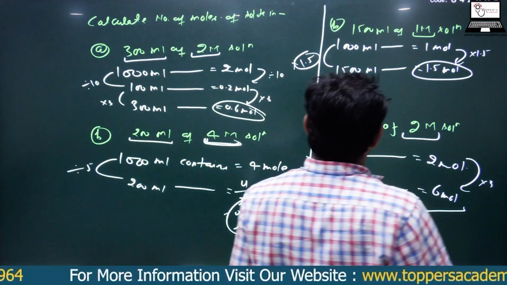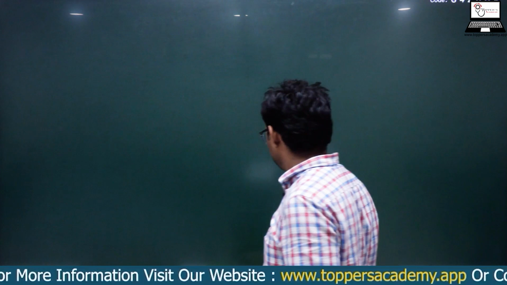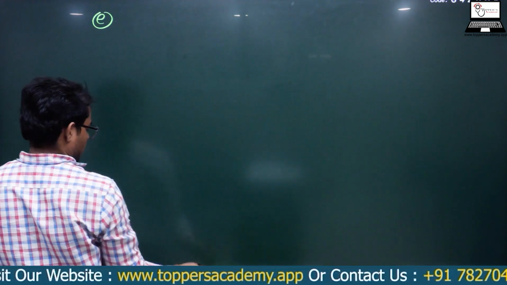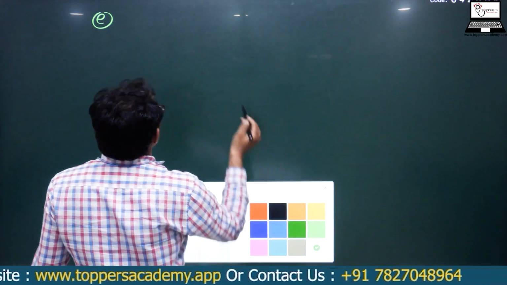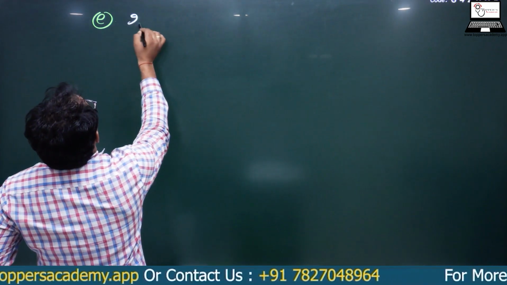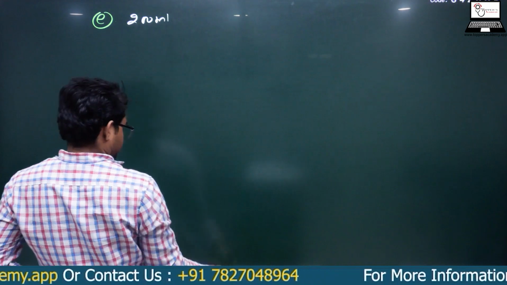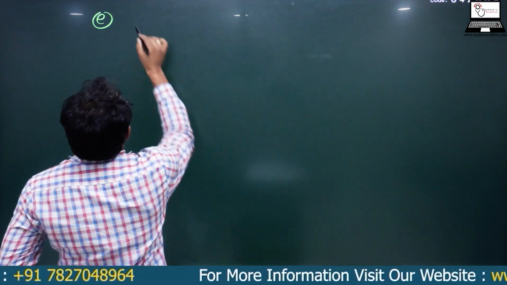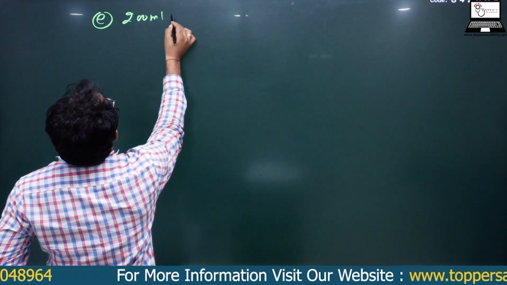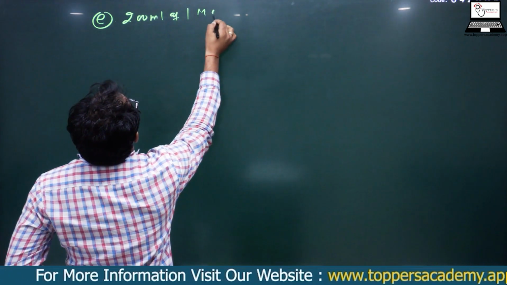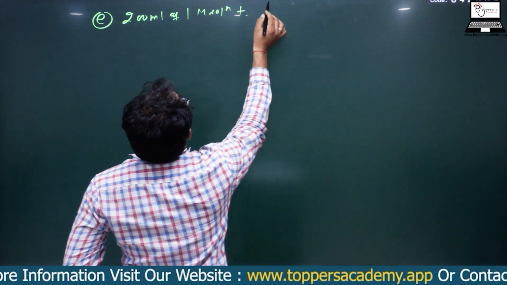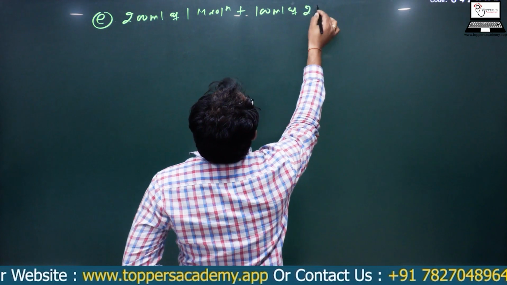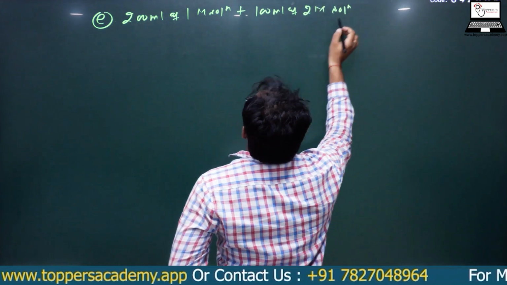Now next step. A, B, C, D, E, right? You have taken 200 ml of 1 capital M solution plus you have added it with 100 ml of 2 capital M solution, right?